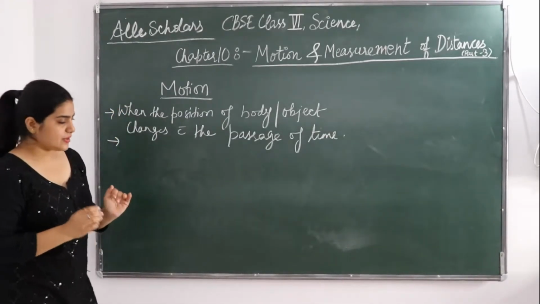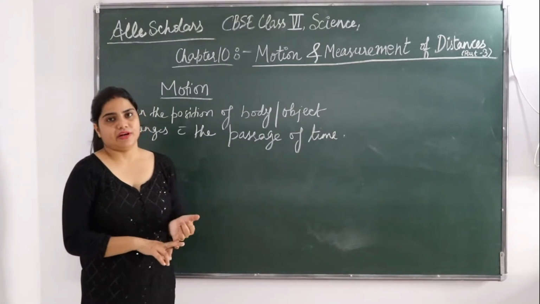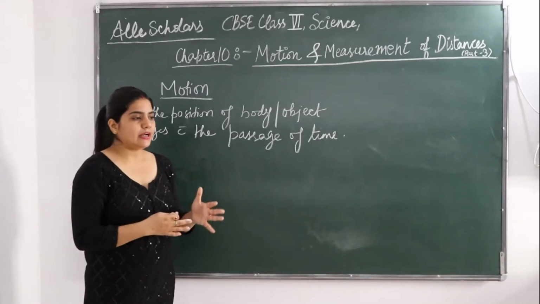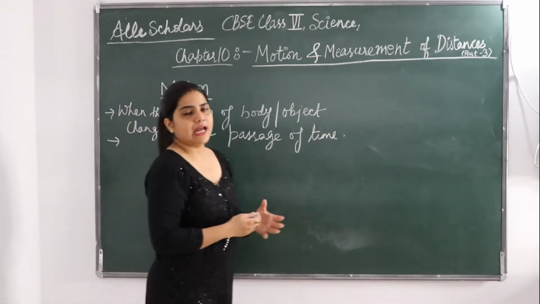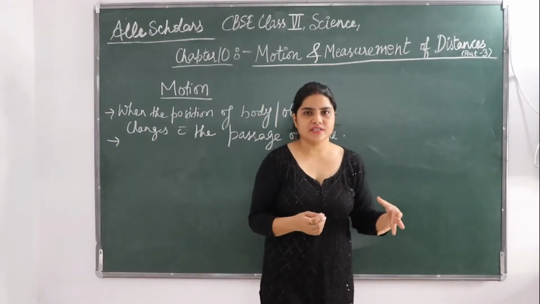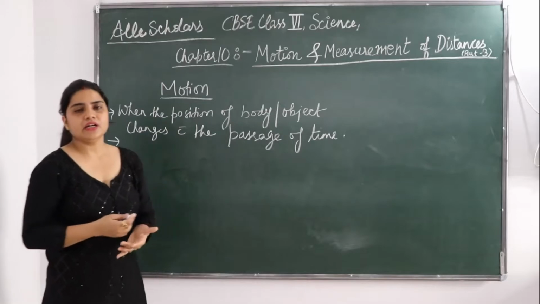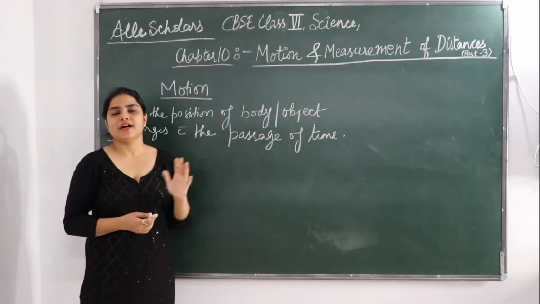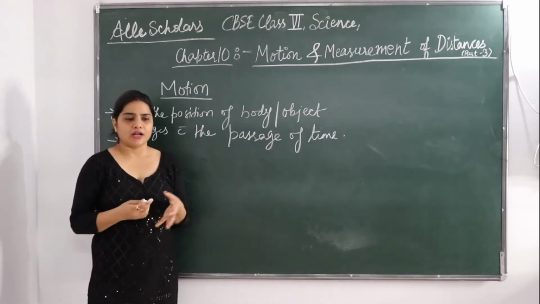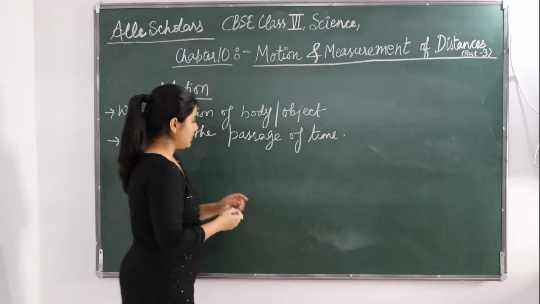Next what happens? The motion of the body, it can be slow, it can be fast. Okay? Depending upon the distance it has covered within a given time. कोई बॉडी स्लो मूव कर सकती है, कोई बॉडी जो फास्ट मूव कर रही है. Somebody is running, so it is changing its position with time very quickly, very fast. But some of them are just walking, so they are very slow in motion. Okay?